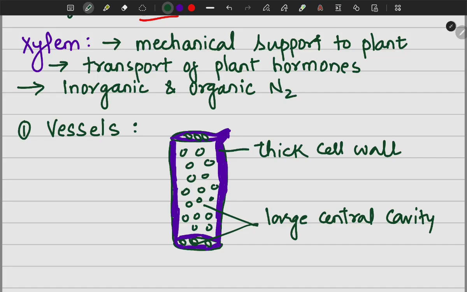Alright, so this constitutes a vessel, long cylindrical cells, and they are made up of many such vessels which are called vessel members. So these vessel members are joined end to end for the conduction of water.